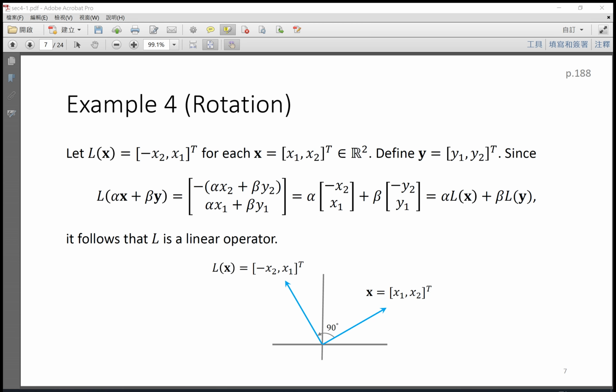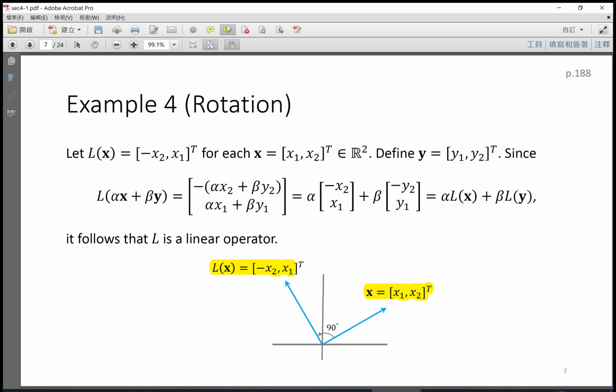Next, we visualize the linear transformation L in the R2 plane. Let x be a vector in the R2 plane. Then L(x) equals (−x2, x1). Actually, L rotates the vector x 90 degrees counterclockwise about the origin.